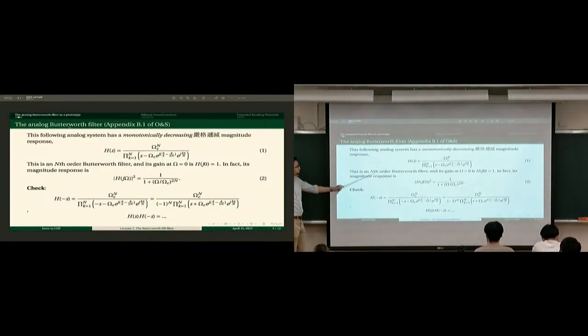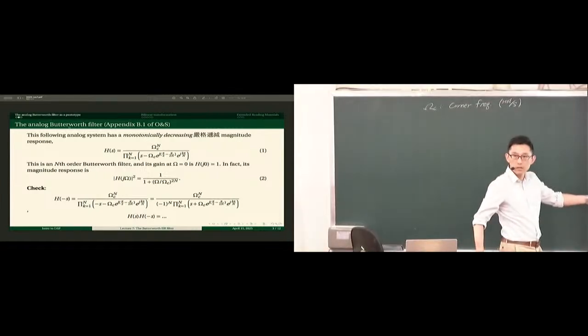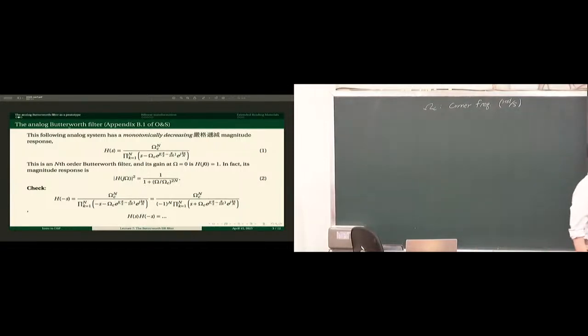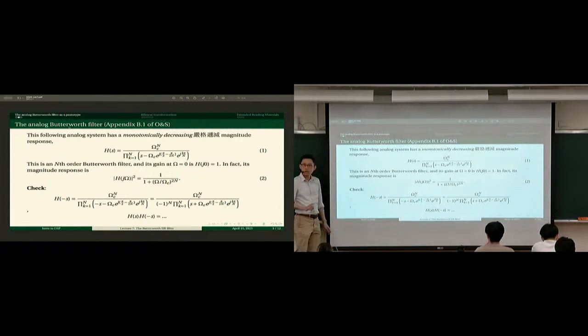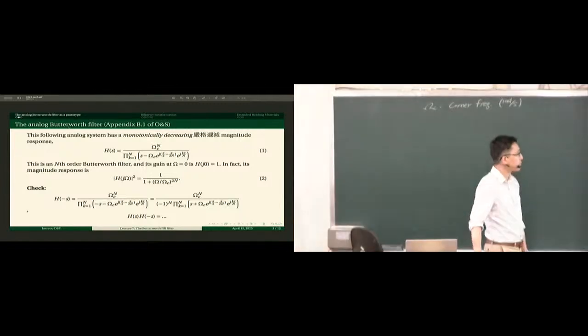So at the bottom, the denominator, we have a polynomial of s of order N. When we factorize a polynomial into this form, s minus something, that something is one root of the polynomial. 多项式的一个根啊. Each of those is a root to the polynomial. So far so good.